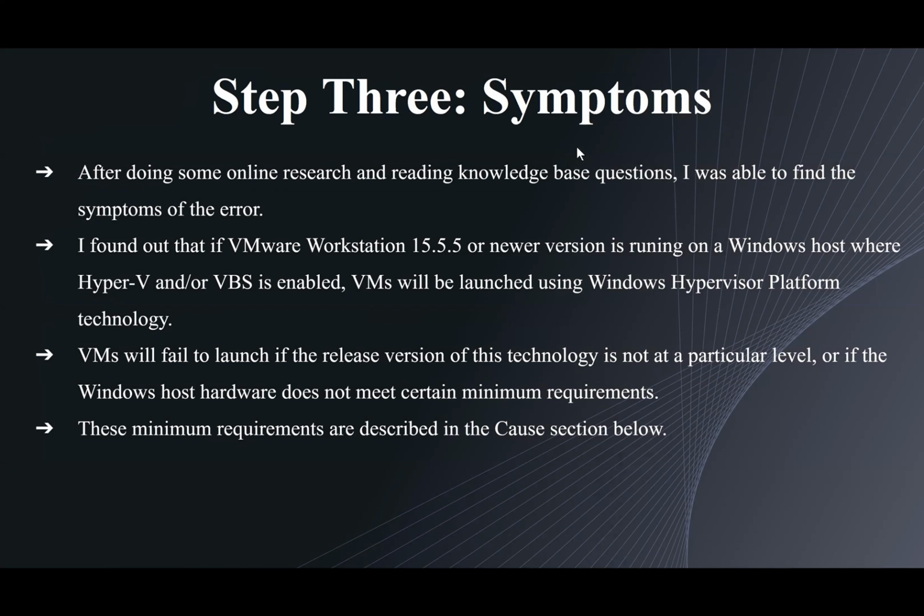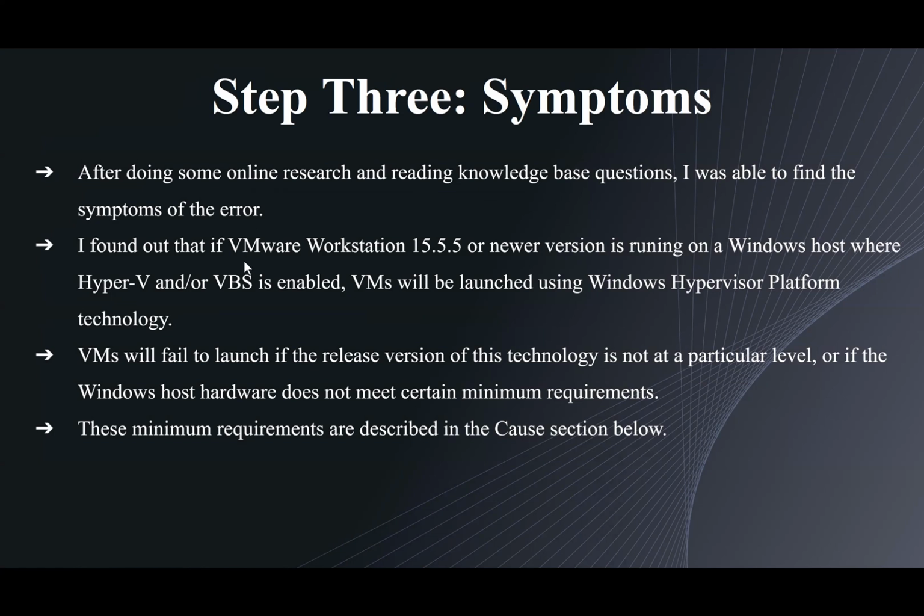So in step 3, I tried to find what was causing the issue. After doing some online research and reading some knowledge-base articles, I was able to find the symptom and the error.